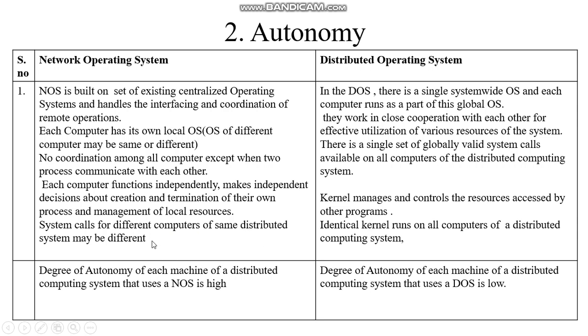But in a distributed operating system, the kernel manages, and an identical kernel is available on all computers of this environment. So the autonomy of a network operating system is high, and the degree of autonomy of each machine in a distributed operating system environment is low.